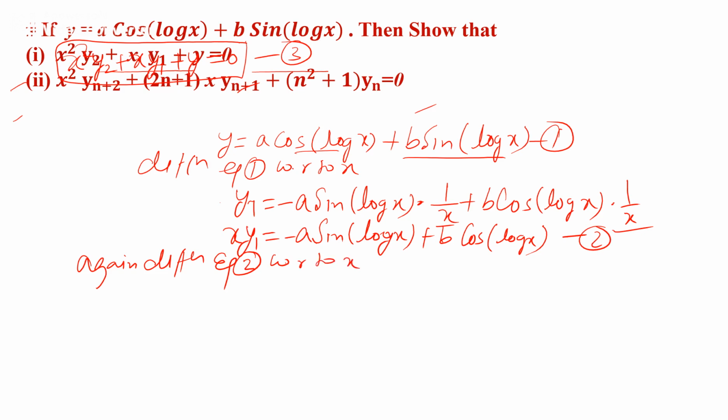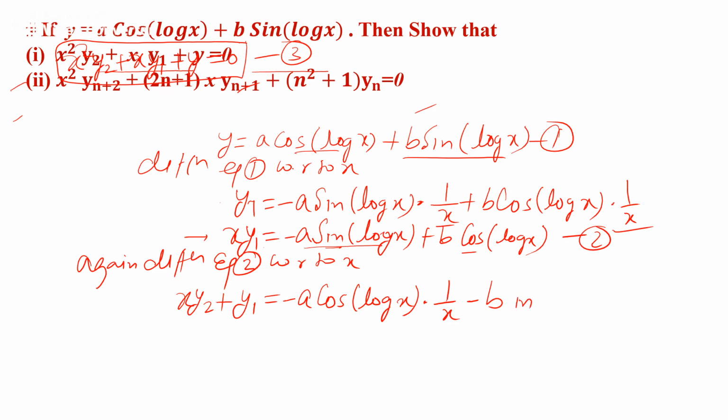When we take the second derivative of that equation, we write x, the derivative of y1, which becomes y2, plus the derivative of x, which is 1, so we write y1 as well. On the right we write minus a, the derivative of sine is cos(log x) into 1 upon x, minus b sin(log x) into 1 upon x.